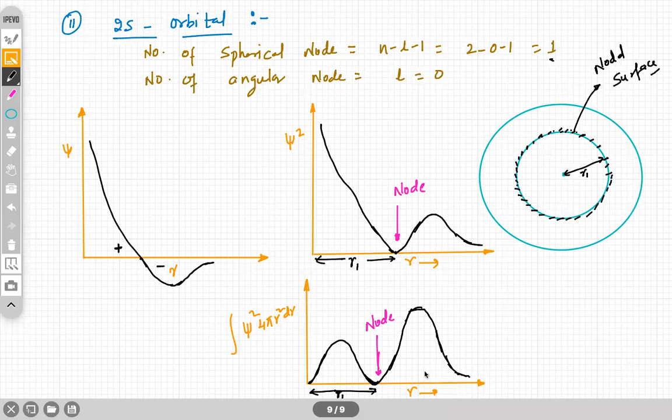Similarly, if you come closer to the nucleus, we know in the nucleus also the probability of finding an electron is 0. So we cannot always say that as we go away from the nucleus, the probability of finding an electron is 0. So this could be anything. It can be down, it can be up depending upon the atom. But yes, we definitely have two peaks, one more than the number of nodes present in this.